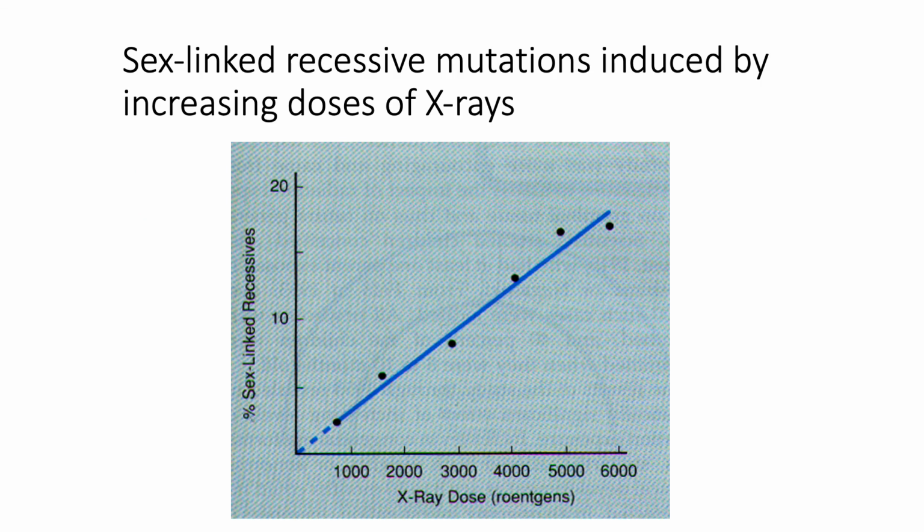And what I want to show you here is a graph showing the amount of change in a chromosome over different doses of X-rays. And you see this is a linear relationship. So the more X-rays you're exposed to, the more damage to your DNA, or the more likely there is damage to your DNA. And you can see that line goes right back to zero.